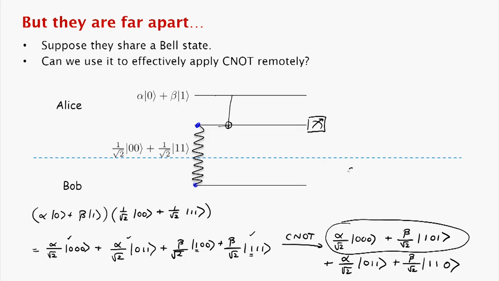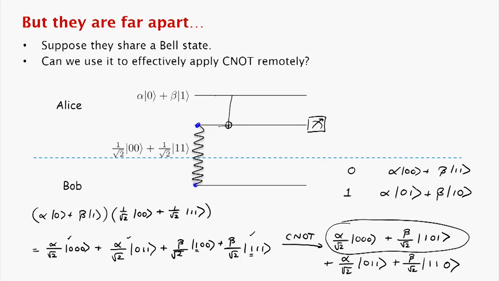So if the outcome is 0, then the new state on the first and the third qubit is alpha 00 plus beta 11. What if she measures that the middle qubit is in the state 1? Then what's the state of the first and the third qubit? Well, now it's alpha 01 plus beta 10.